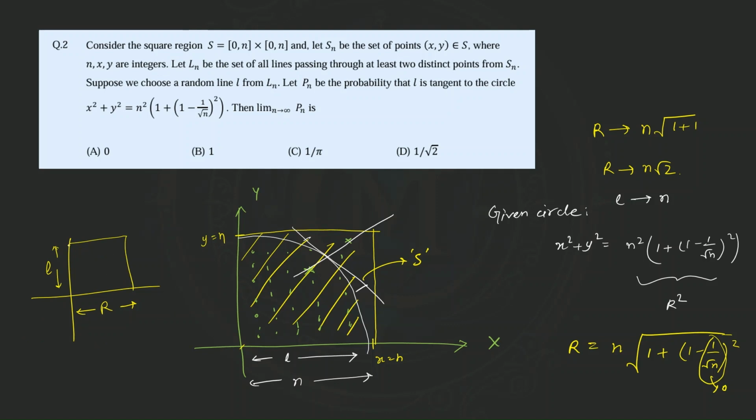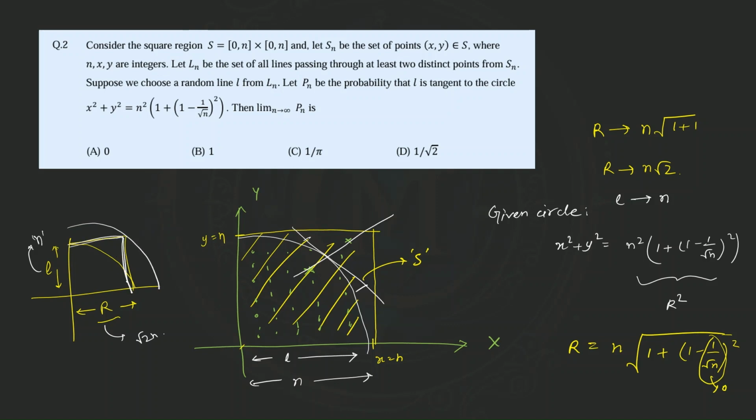Now this circle has a radius of order root 2 n, and here this L has an order of n. So we can say this square will fall behind this circle at some point, because this is root 2 times n. So the circle will be like this and the square will be like this.